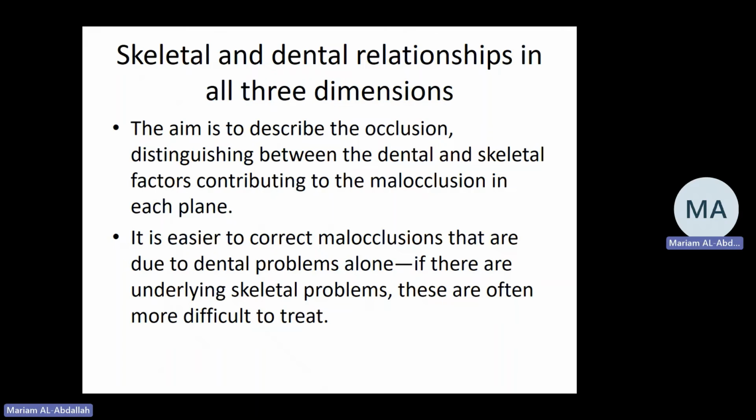Because if it's only dental, then the treatment is usually straightforward, easy, with predictable results and stability. But if part of the problem is skeletal, then the case is more difficult, because we need to either modify the skeletal pattern or correct it by surgery, or accept it and camouflage the dental relationship around the skeletal discrepancy.